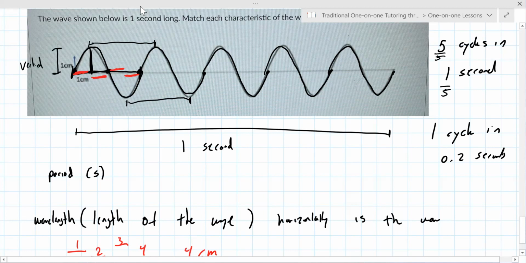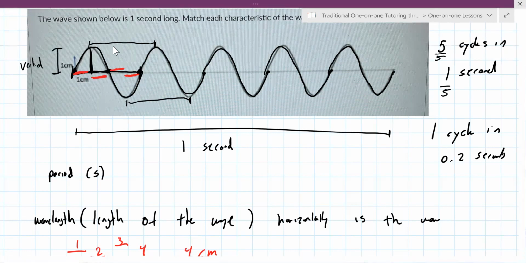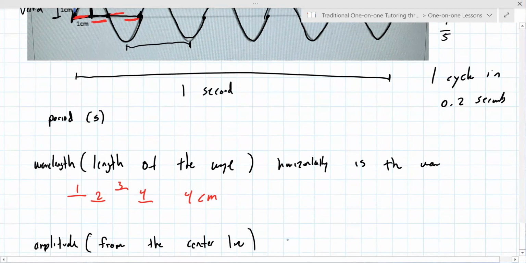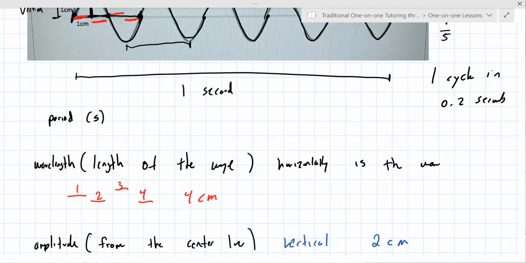So that blue there, you can see that's 1 and that's another 1. So it's 2 centimeters tall. So it's the vertical. In this case, it's 2 centimeters. So obviously, if they gave you a different problem with different things, you would get different results.